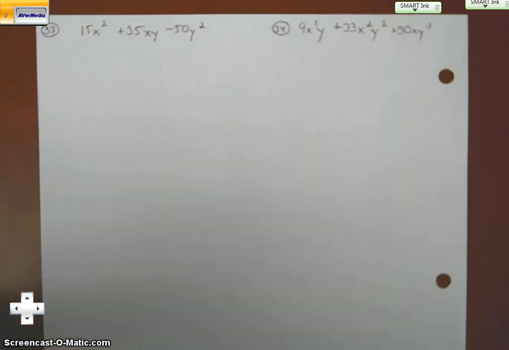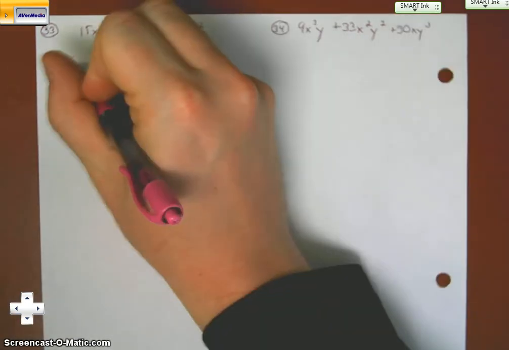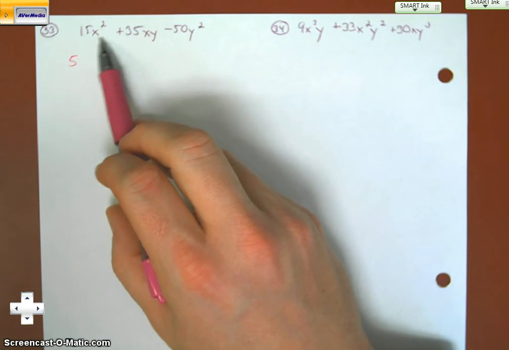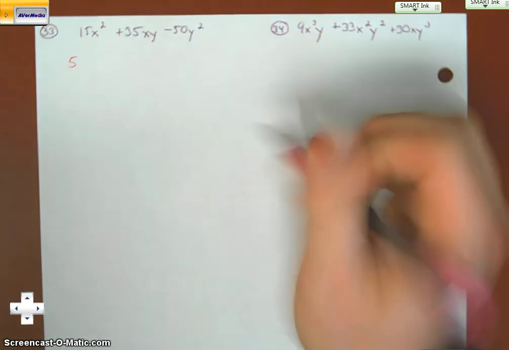33. It has a GCF of 5. So let's go ahead and take that 5 out. It doesn't have a variable on it because not all of them have x's and not all of them have y's.